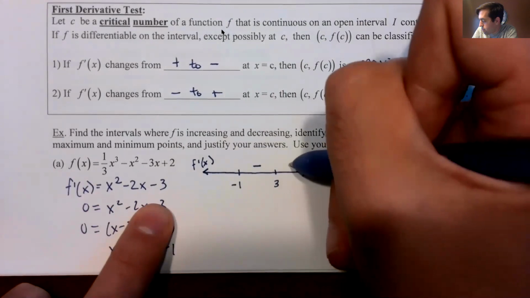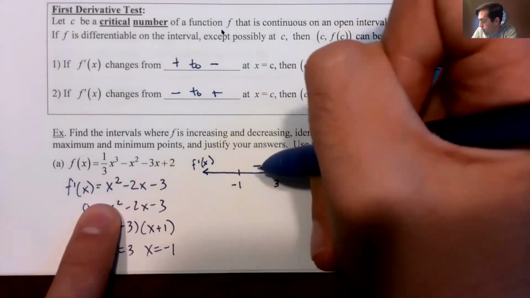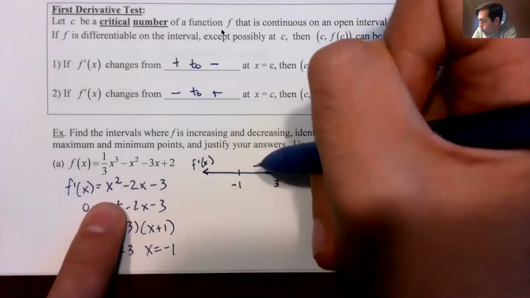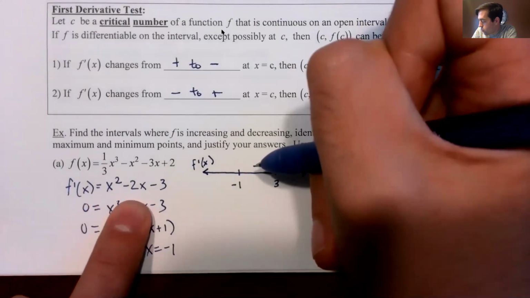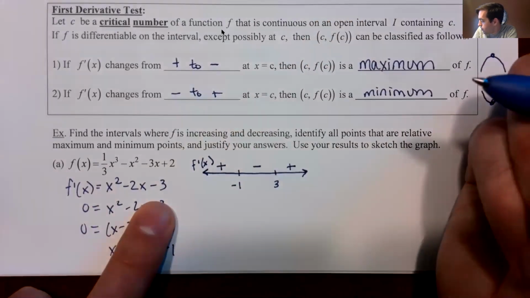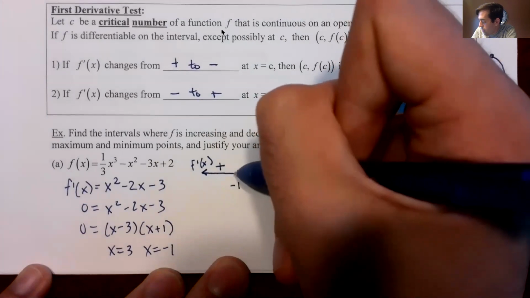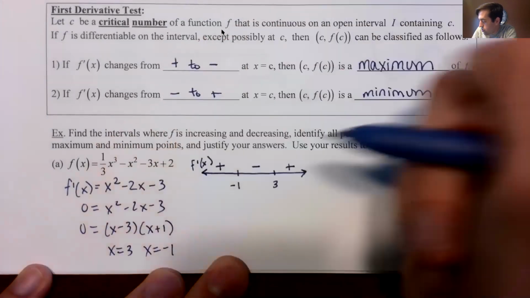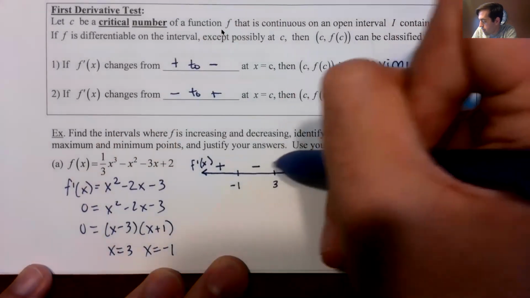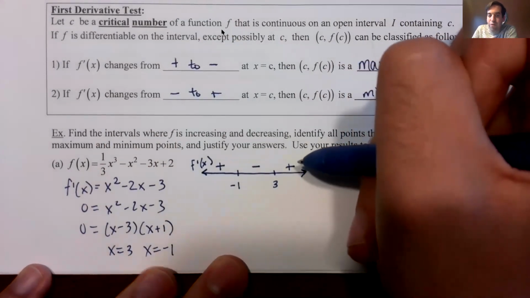So we'll get 5, so that's positive. And something below -1. So if we plug in -2, we get 4 plus 4, 8 minus 3 is 5, so it's positive again. Okay. So anything between negative infinity and -1 is going to have a positive first derivative. Anything between -1 and 3 is going to have a negative first derivative. Anything from 3 to infinity is going to have a positive first derivative.